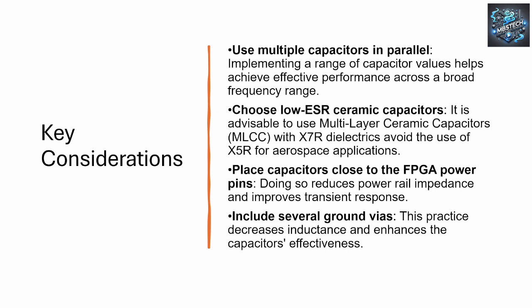Sometimes if you include ground vias, it can make things worse. And I'll come on to that later on. What it does do, though, it does decrease the inductance of the connection of the capacitor to the point of load, to the plane, which is what you really want, but you need to be careful doing so.